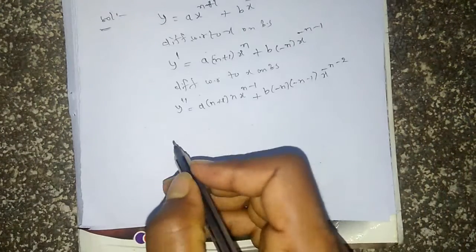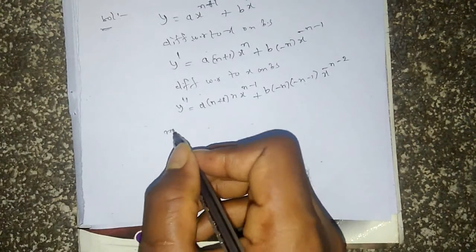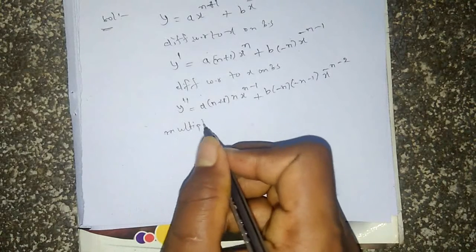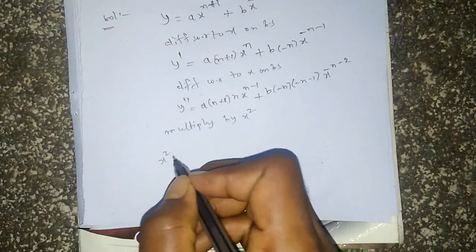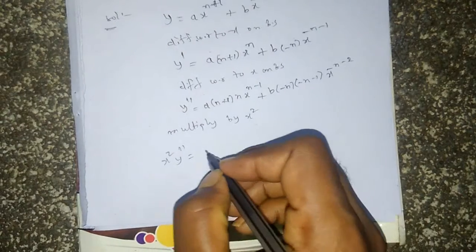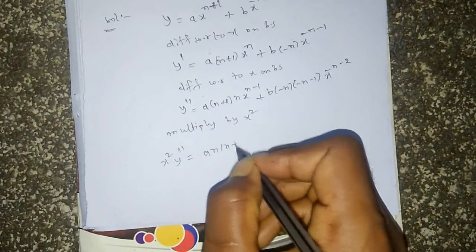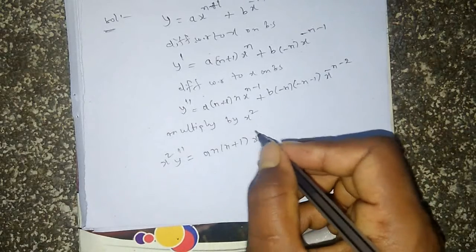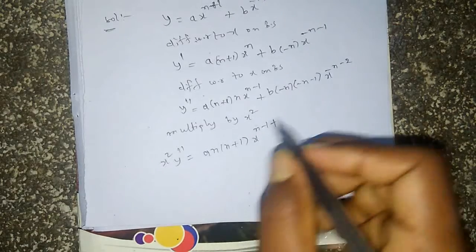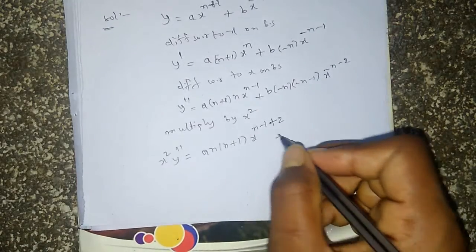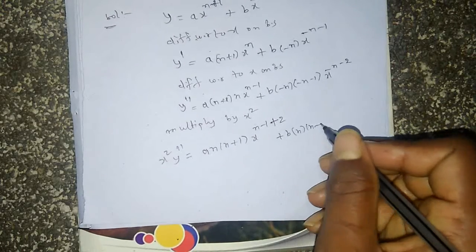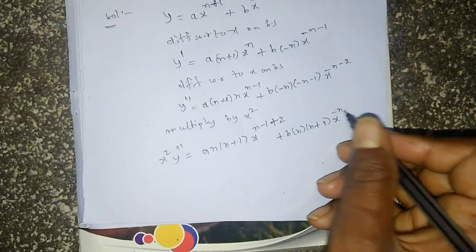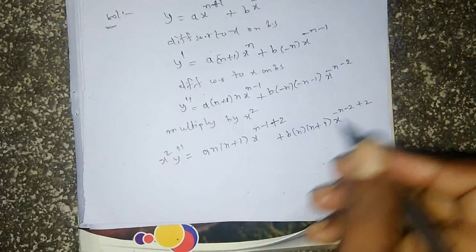Here multiply by x square. X square y double dash is equal to a into n into n plus 1 into x power n minus 1, multiplied by x square, so it will be plus 2. This is minus into minus plus b into n into n plus 1 into x power minus n minus 2 plus 2.